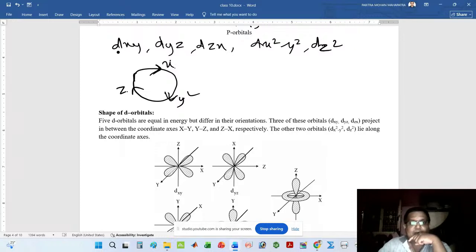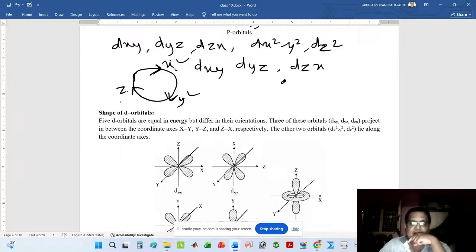Think about the first d orbital, dxy. You can write d and xy. The next orbital must be y and z, that means here we can write yz. Next orbital is zx, that is your dzx.